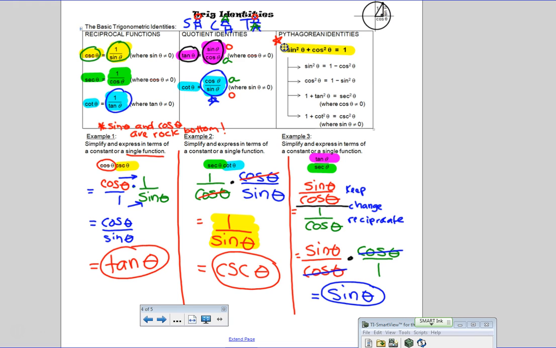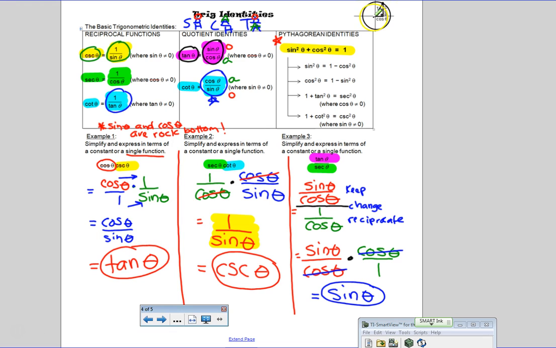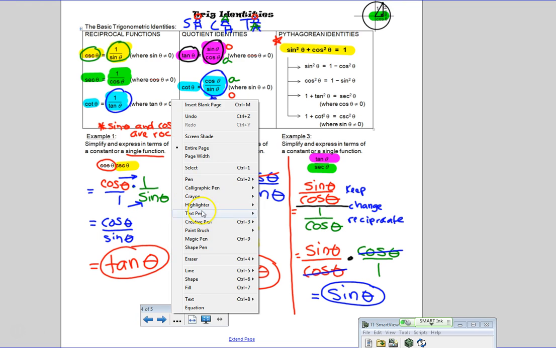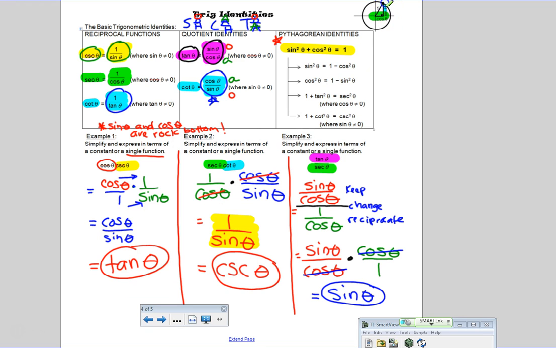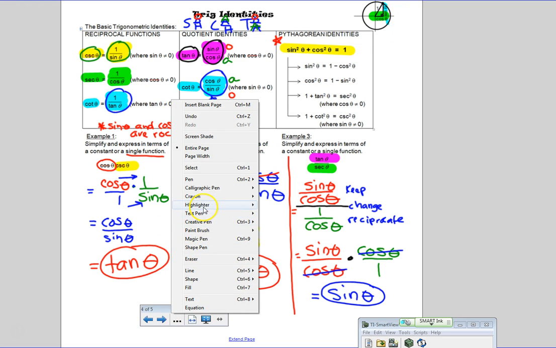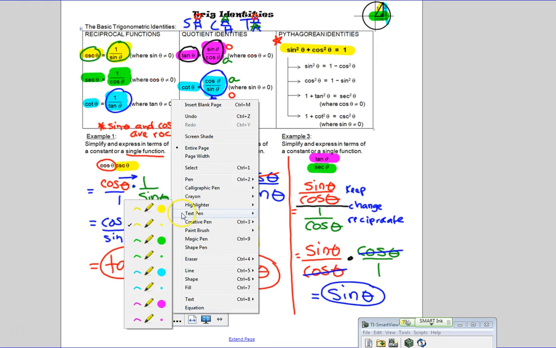So if I go to my little picture and highlight, so x is cosine and y is sine on the unit circle, which means the radius is 1. Now that's a right triangle, and if I actually put my ABCs on there, this should make sense.